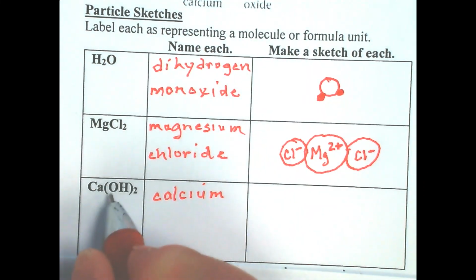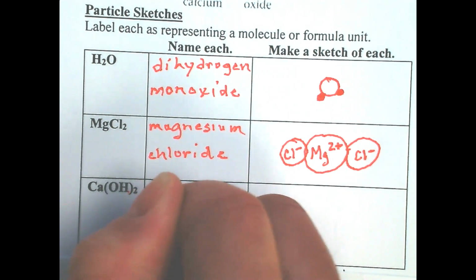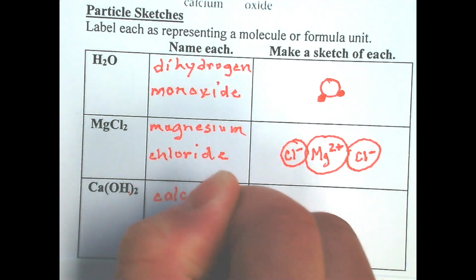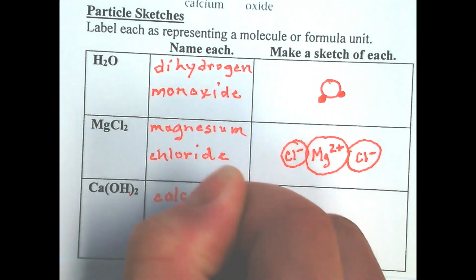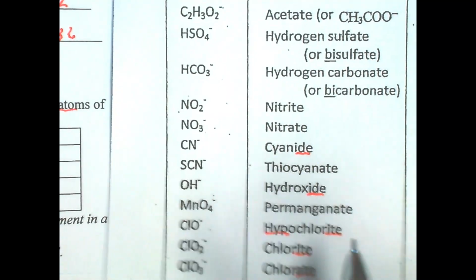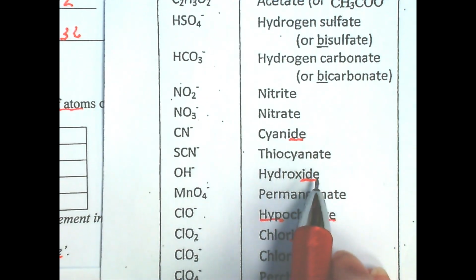So calcium, and then this is hydroxide, not dihydroxide, just hydroxide. All right, that is the name of the polyatomic ion. And if you're wondering how we knew that, it's on our list right here, OH minus is hydroxide.